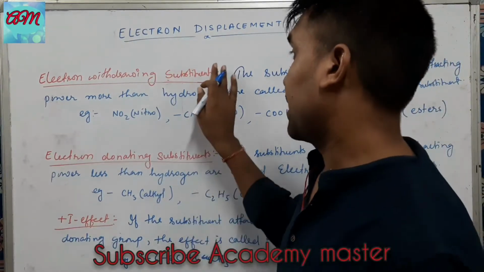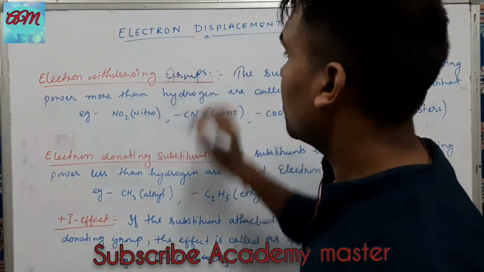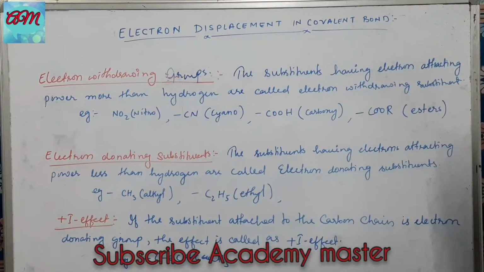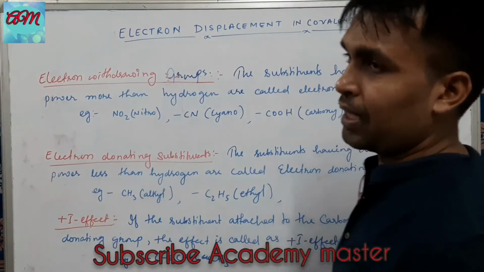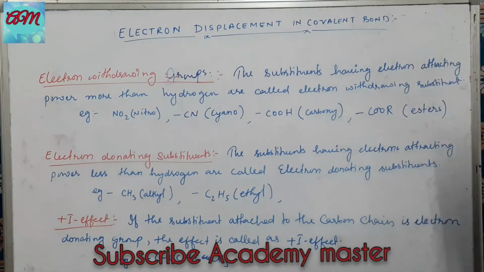We can call it electron withdrawing group, or we can call it a substituent also. So what is an electron withdrawing group? By the name itself it is very clear that electron withdrawing groups are those which withdraw electrons from others.